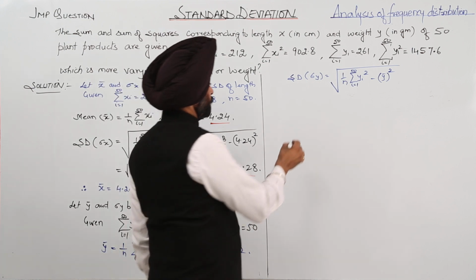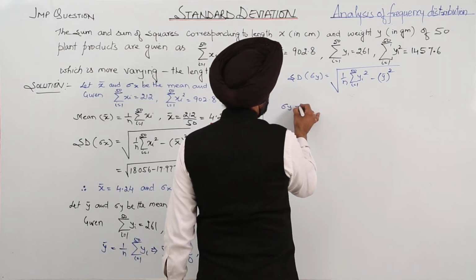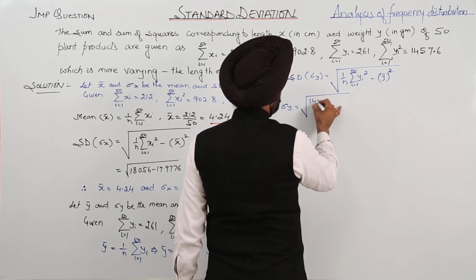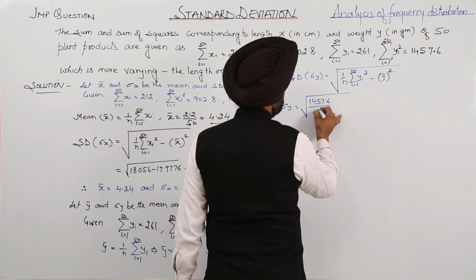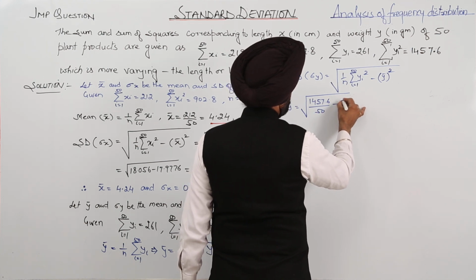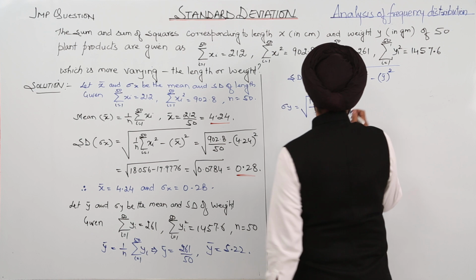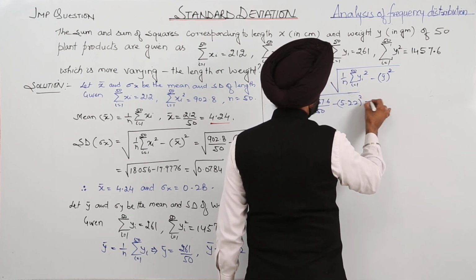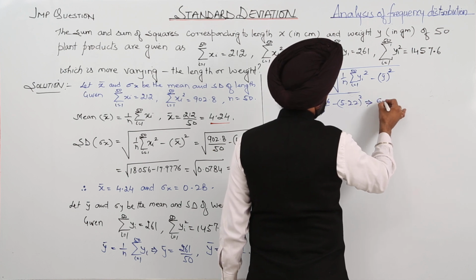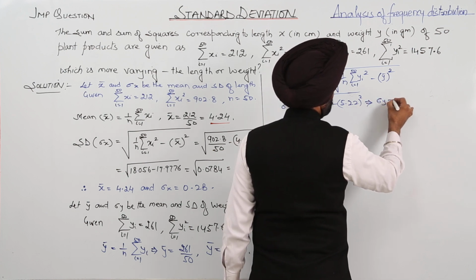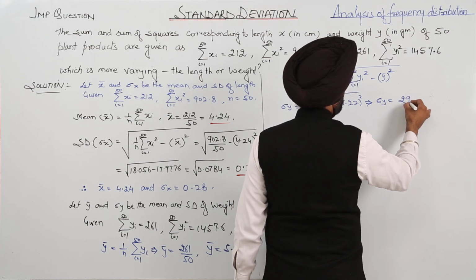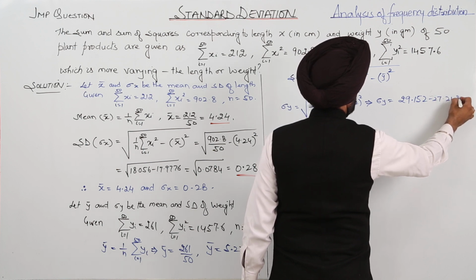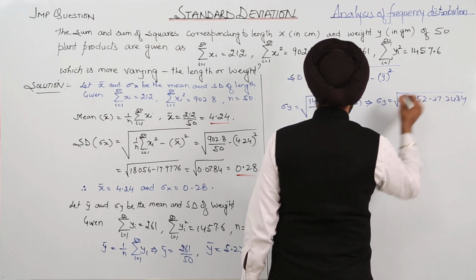So we have 1457.6 upon 50 minus the mean, 5.22, whole square. Now on solving we will be getting the standard deviation.